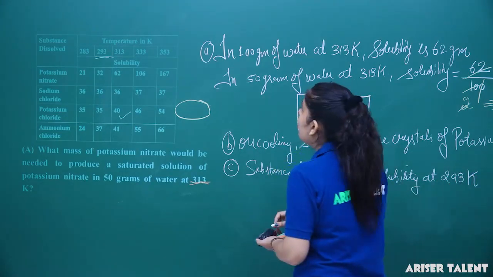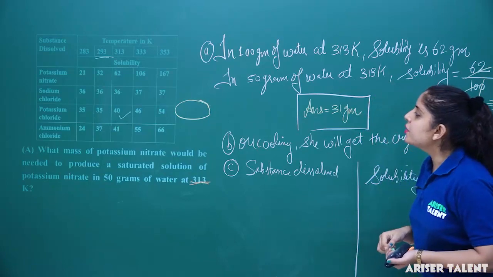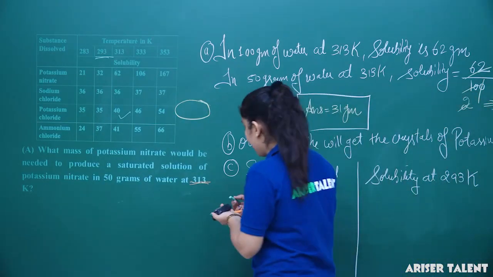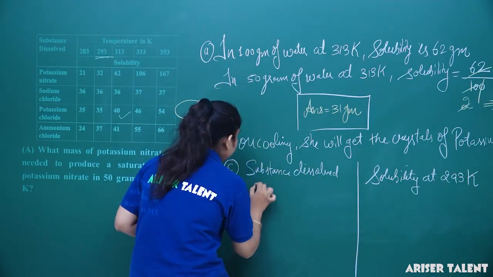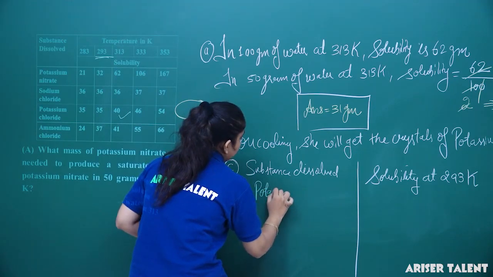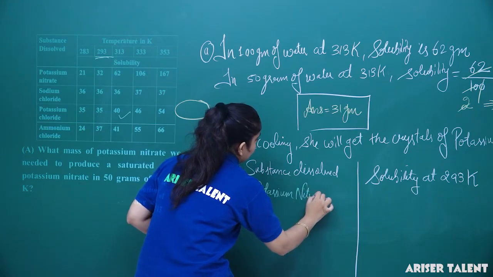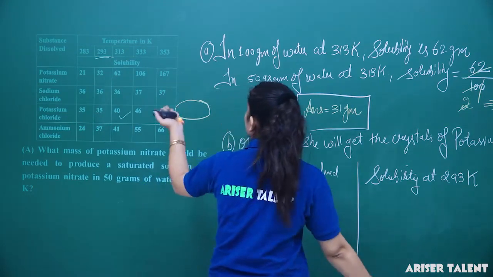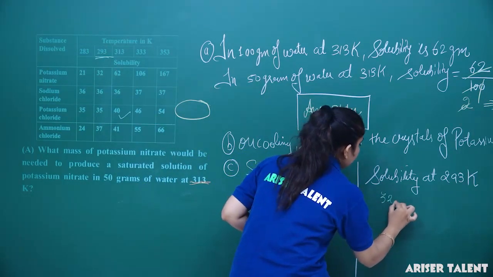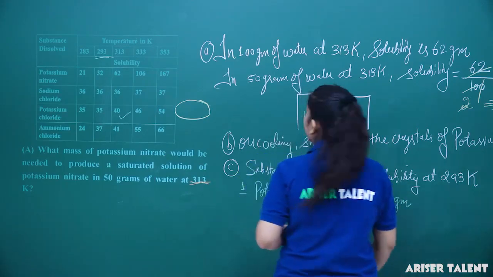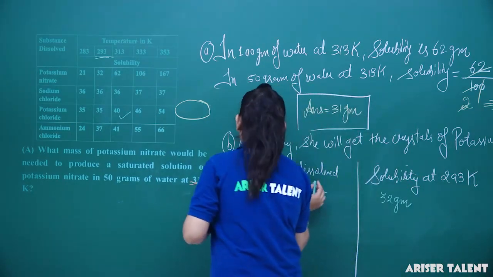Clear? So the first component is potassium nitrate, and potassium nitrate is having a solubility of 32 gram. Next is sodium chloride.